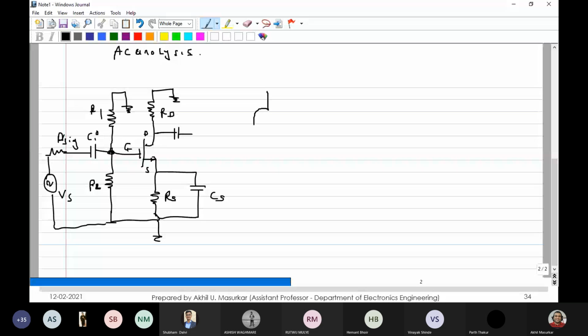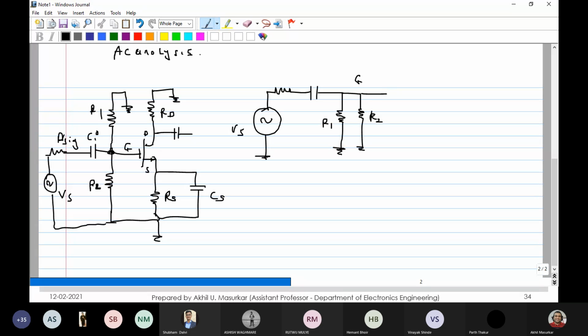So my circuit becomes somewhat like this. I start with Vs and a capacitor, and then I can have R1 and R2 connected between gate and ground. This is my gate, and here I have my MOSFET like this, and this is my RS, this is CS, and here we have my drain, and this is V0.